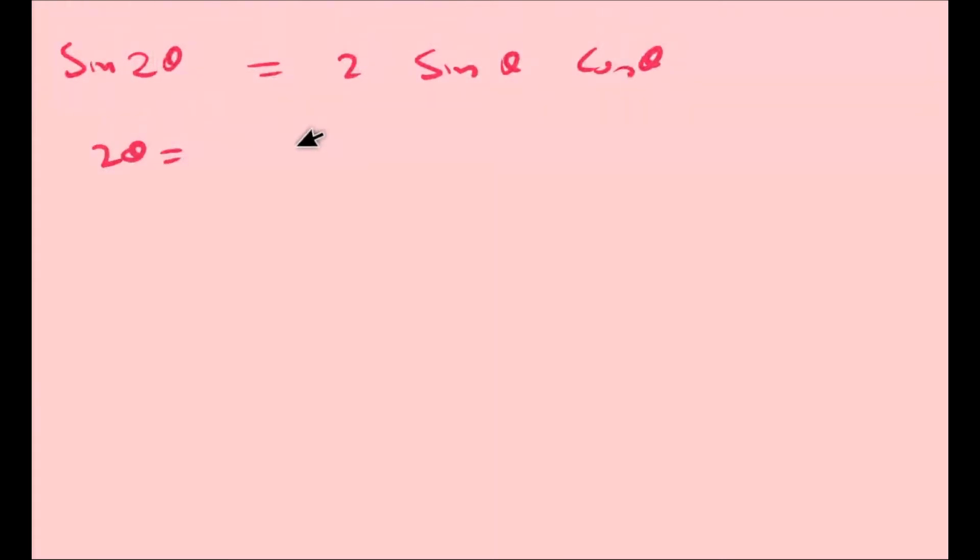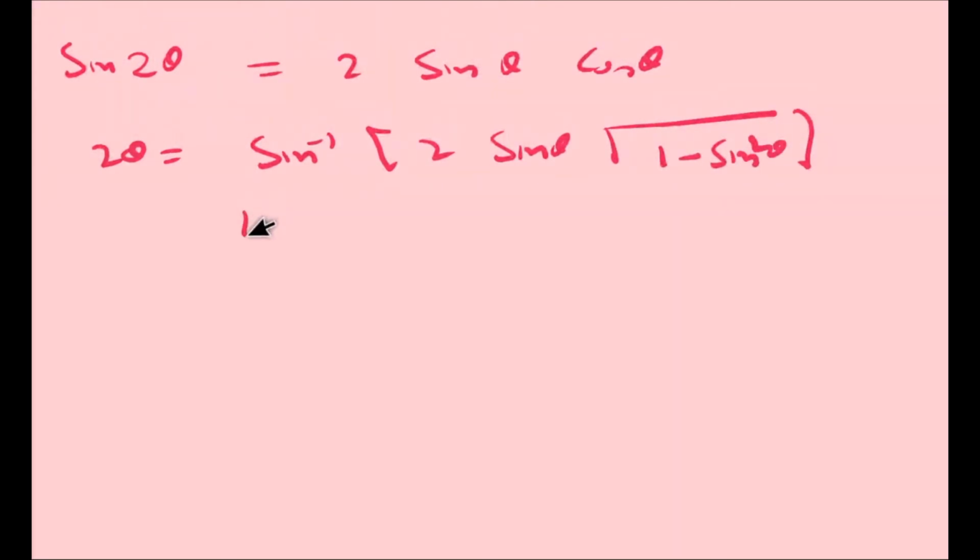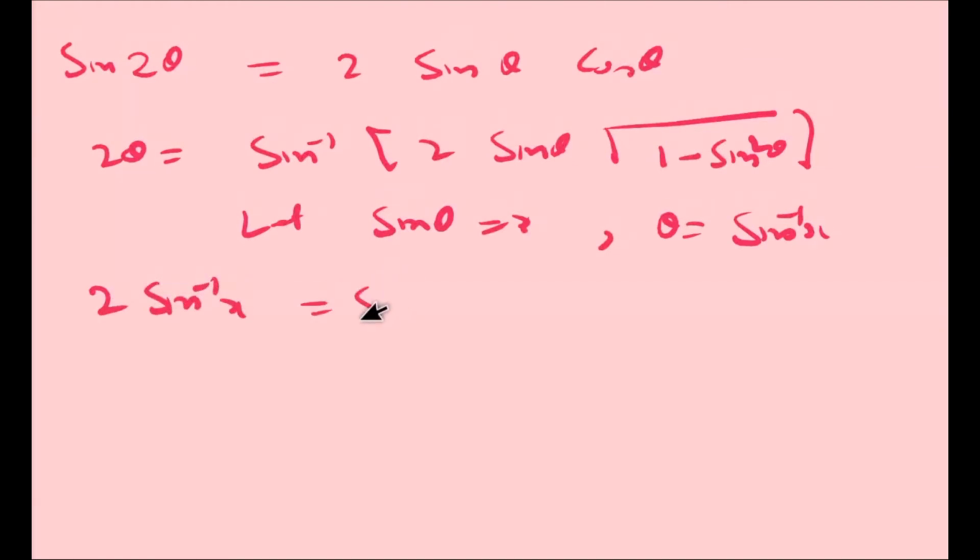Let 2 theta equal sine inverse of 2 sine theta under root 1 minus sine square theta. Let sine theta equal x, then theta equals sine inverse x. Putting here, 2 sine inverse x is sine inverse of 2x under root 1 minus x square. This formula you can learn.